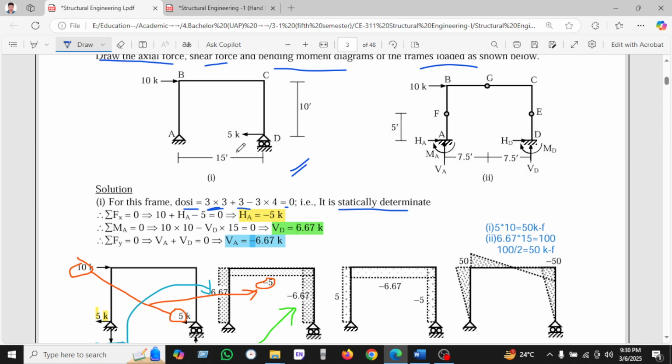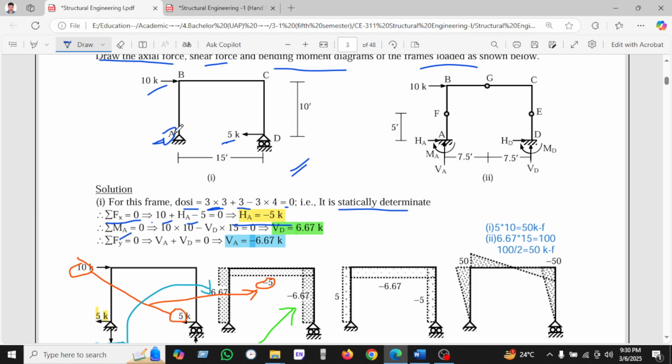So we're taking the summation of moment is 0 at A. We have taken 10 into 10 and minus HA. This is the HA, and minus 5 is here, and we found HA equal to minus 5. This is the HA point. We have taken minus 5.